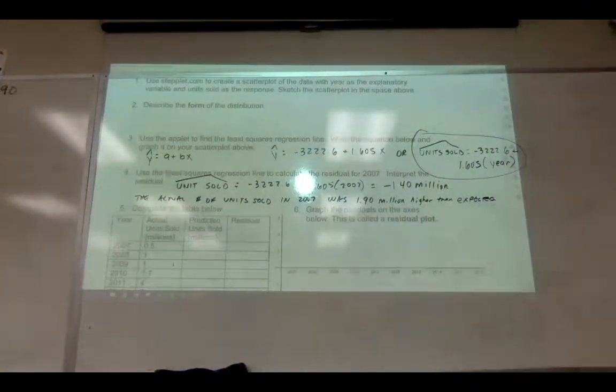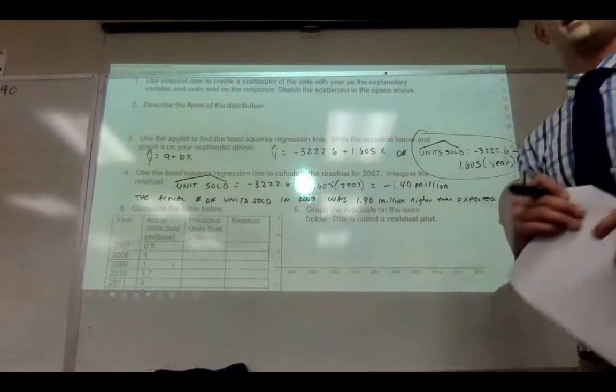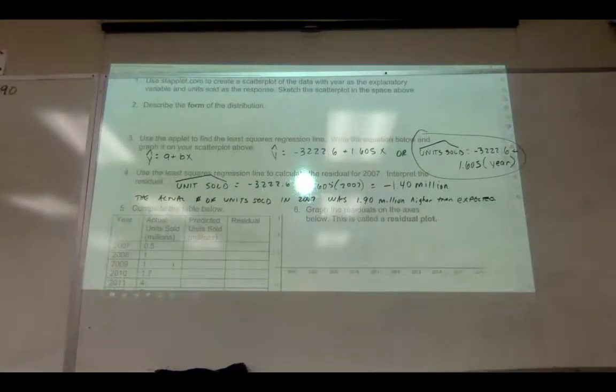So the expected value, negative or not, our actual value is 1.9 million higher than expected. That's actually really good, right? I'd love for that to happen. I was expecting to make 100,000 last year, but I actually made 1.9 million higher. It was a good year.